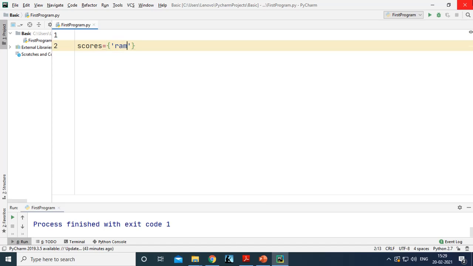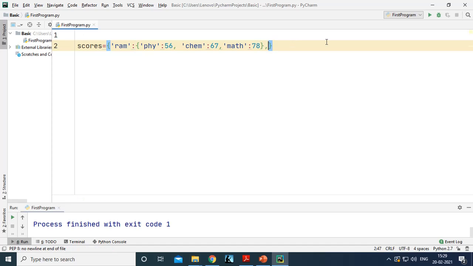The name of the student will be the key of your main dictionary, and the value will again be a dictionary which will have three things: the marks of physics, chemistry, and maths. You can decide whether they are out of 100 or out of 50. I am taking marks out of 100.